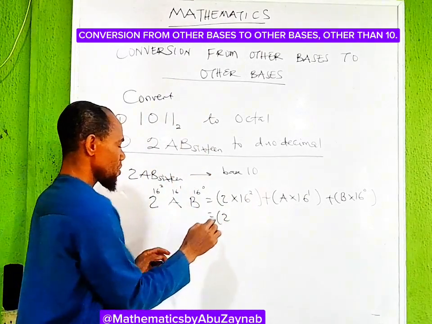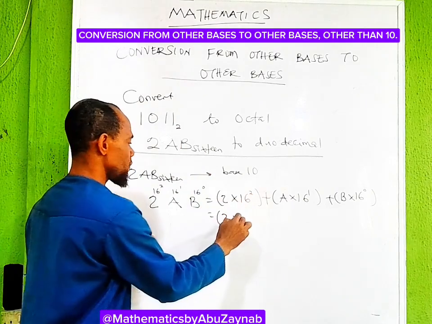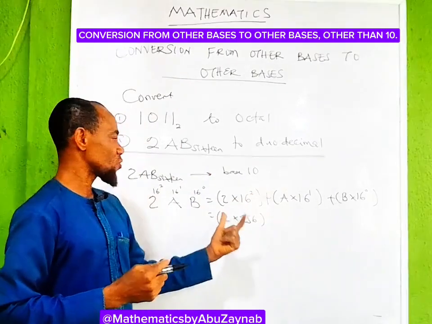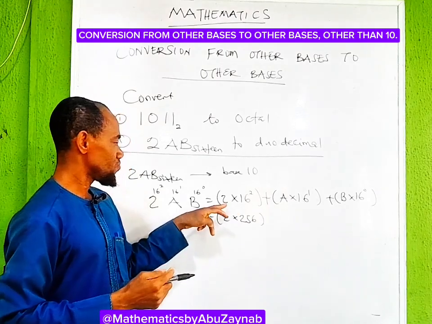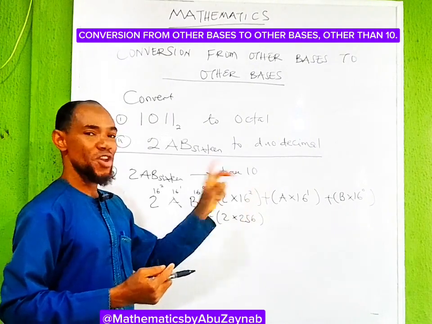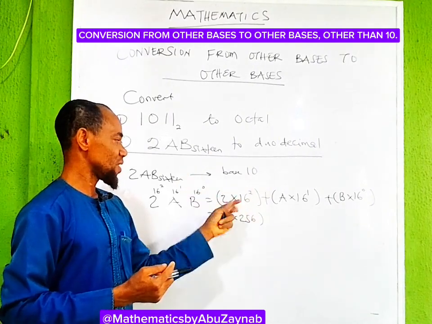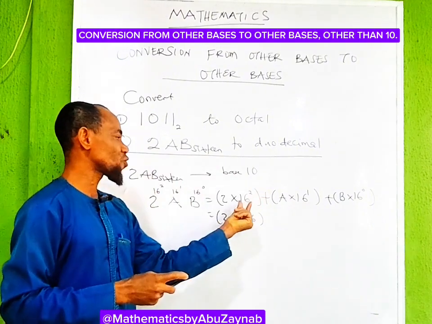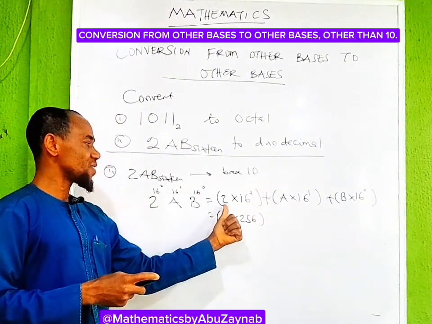Now, going further, 16 squared is 256. A common mistake you must try to avoid is to be tempted to multiply the 2 by 16 before squaring. No. What this means is 16 squared, because 16 squared is an operation on its own. So you have to first square this 16 before multiplying the answer by 2.